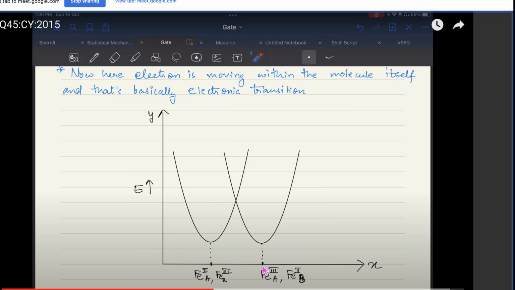There also we say an asymmetrical stretch is happening. I think have you gone through the contour diagram of the reaction coordinate of transition state theory?